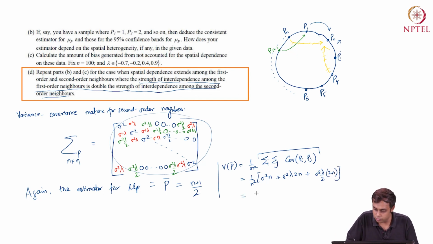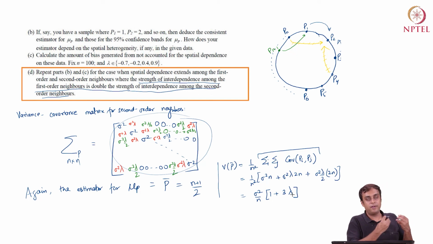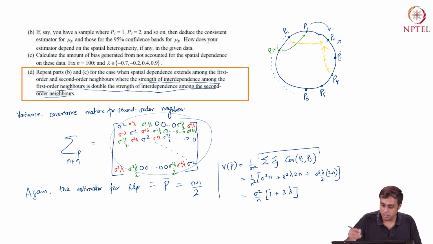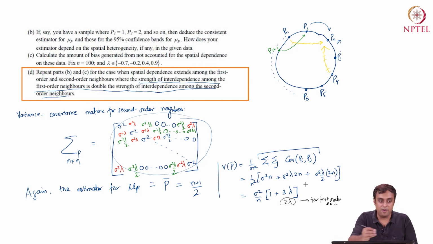So now your bias is going to be slightly more, that is, it's going to be 3 lambda. In case when there is no spatial dependence, it's sigma squared over n. In case of first order dependence, we had 2 lambda for the first order dependent structure, right? And 1 plus 3 lambda is for the second order dependent structure.